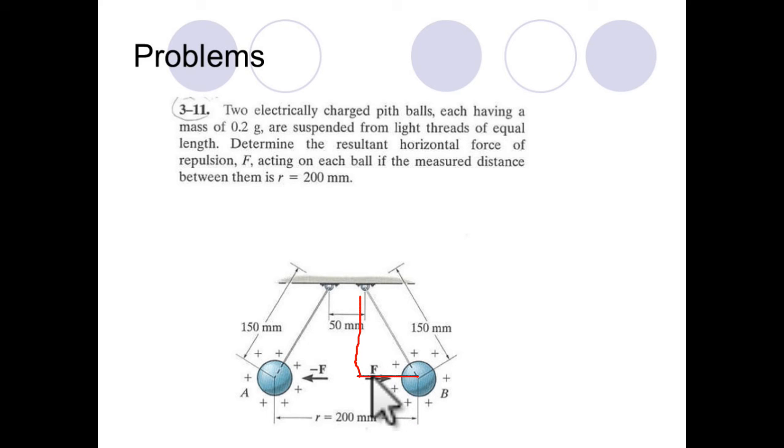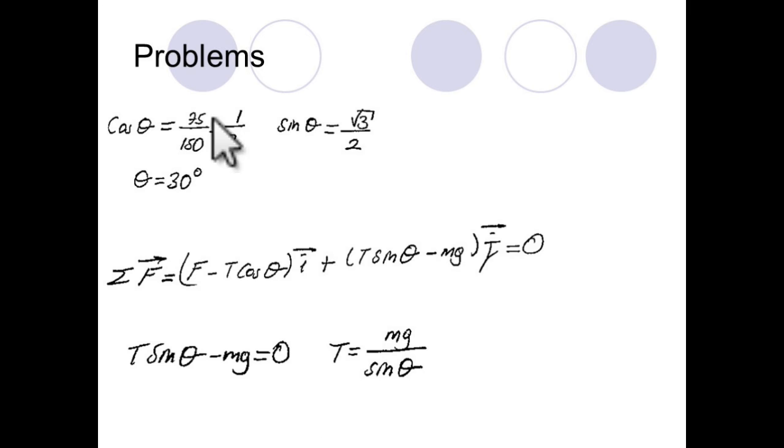Therefore this distance is 75 millimeters and the hypotenuse is 150 millimeters. As a result, we have cosine theta, so 75 divided by 150, which makes 1 over 2, and sine theta is therefore square root of 3 divided by 2, and theta is equal to 30 degrees.